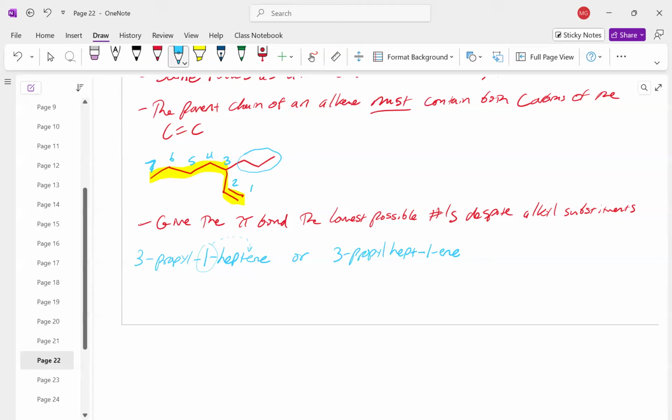And as I said before, when we start incorporating a lot more substituents, and even functional groups, it's going to be almost required to put the location of the double bond in the middle of the name so that there's no ambiguity about what functional group you're talking about. We'll go into more advanced nomenclature of alkenes a little bit later, but I just wanted to give a quick crash course so that you're aware of how alkenes are named.